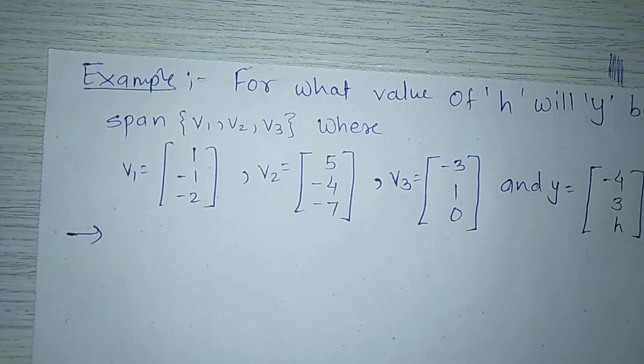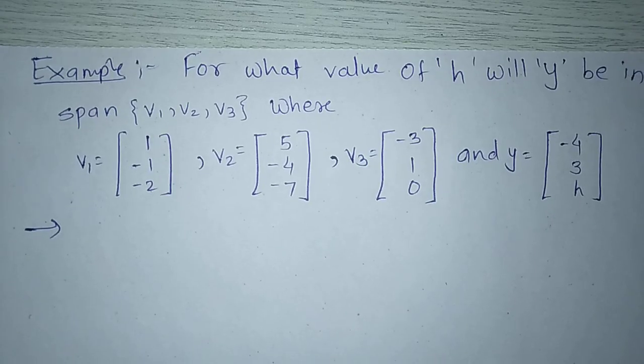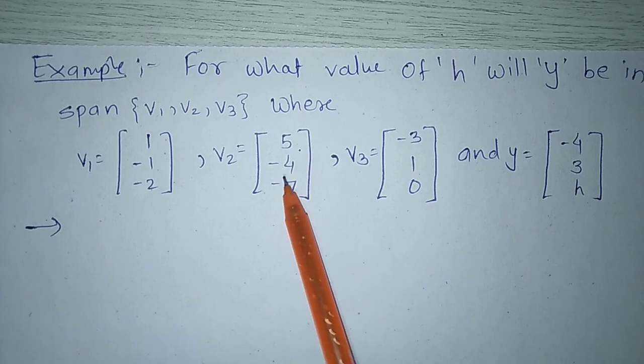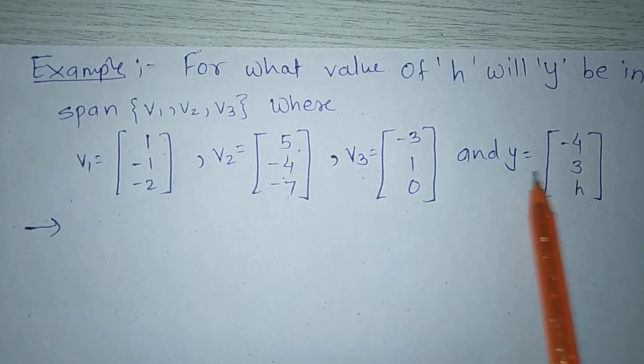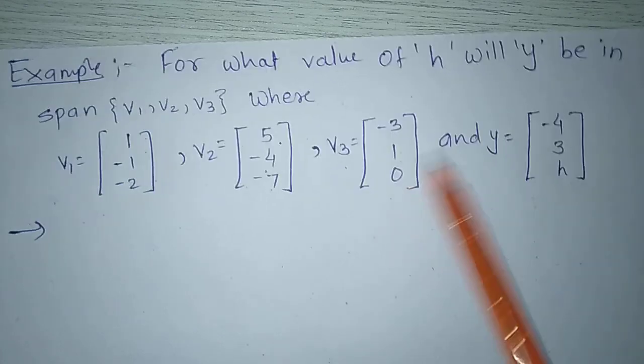Example: for what values of H will Y be in the span of V1, V2, V3, where V1 equals (1, minus 1, minus 2), V2 equals (5, minus 4, minus 7), V3 equals (minus 3, 1, 0), and Y equals (minus 4, 3, H).